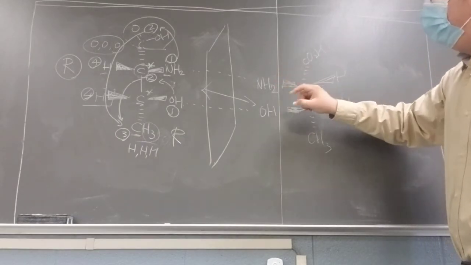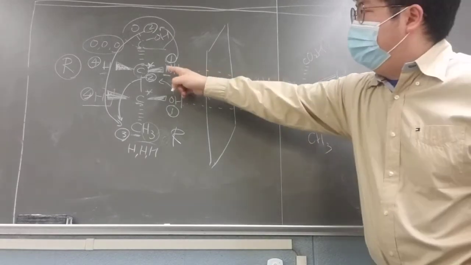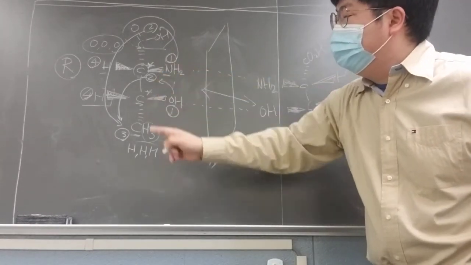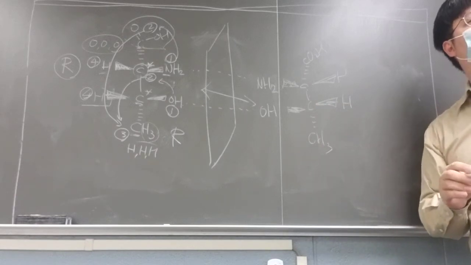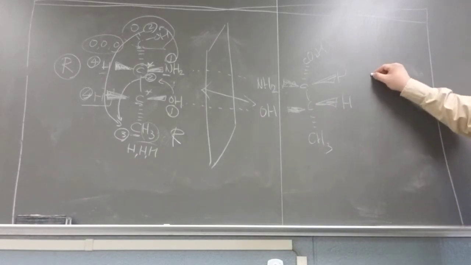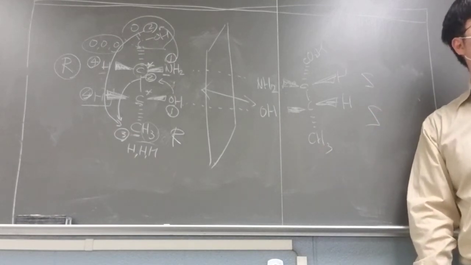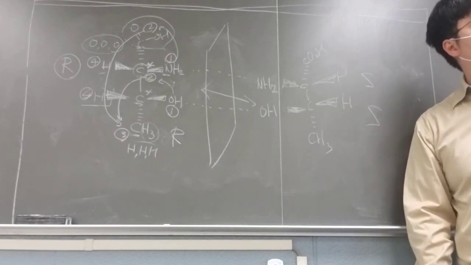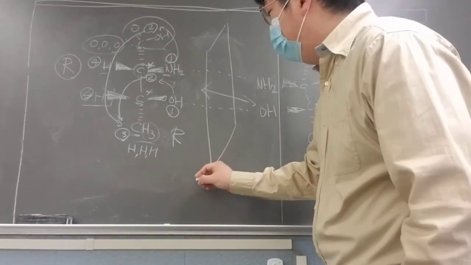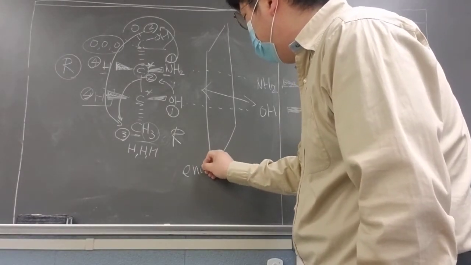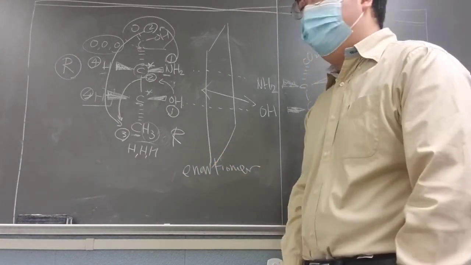So it's a mirror image, and if you find out the RS configuration of those 2, you automatically know them if they're mirror images of each other, which is S and S. You don't even have to do the Cahn-Ingold-Prelog convention. Because when it's a mirror image, once again, this is what we call enantiomers.